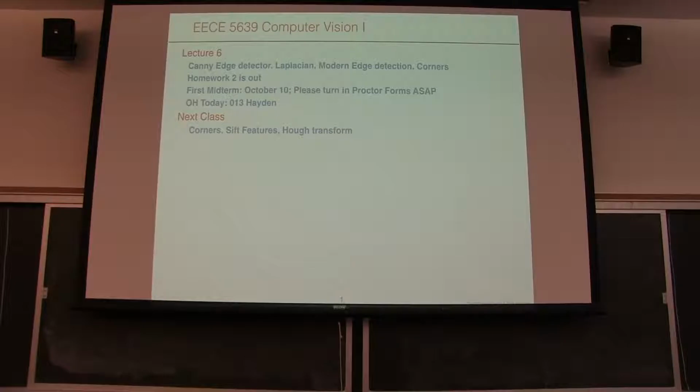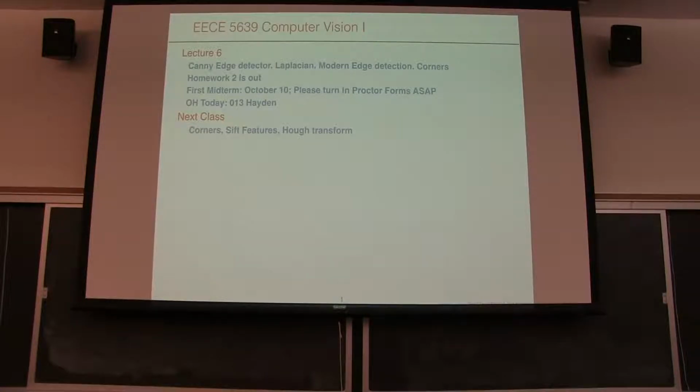And then we're going to move on to the Canny edge detector, which is the most commonly used detector in the literature. So any paper that starts doing edge detection, the first thing that you would read is that it's using a Canny edge detector. And there are good reasons for doing that. We're going to talk about that. We're going to talk also about other edge detectors, the Laplacian, which is not so commonly used, but still is worth knowing about.